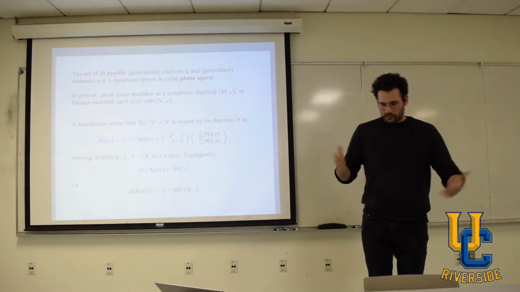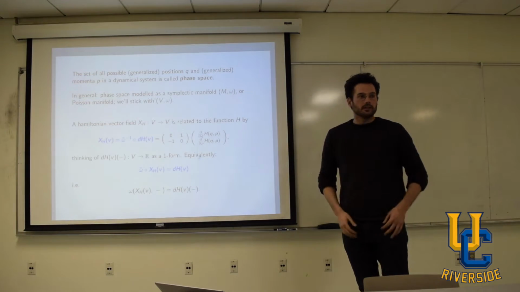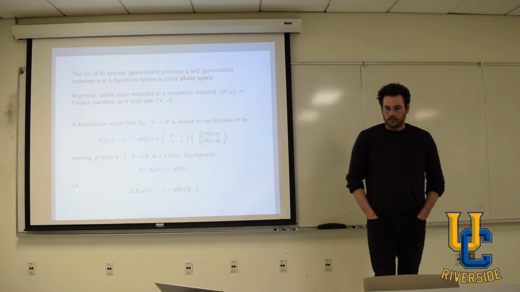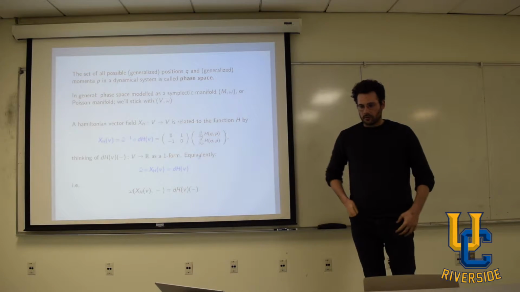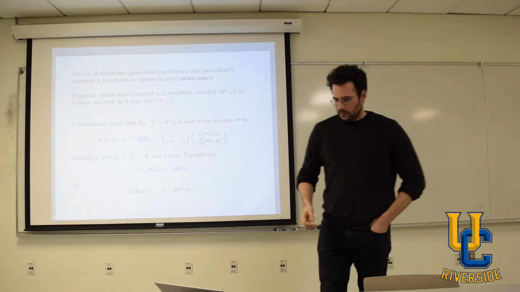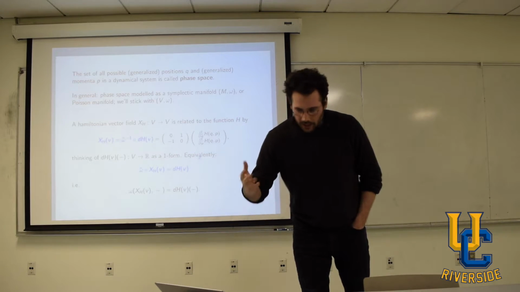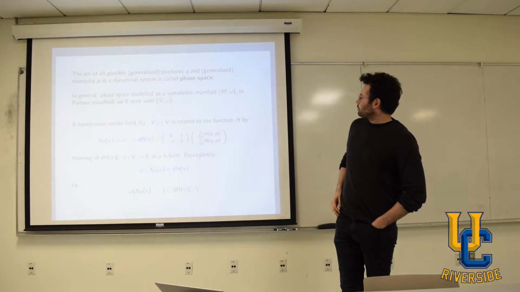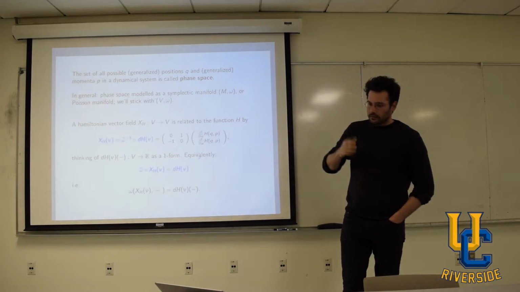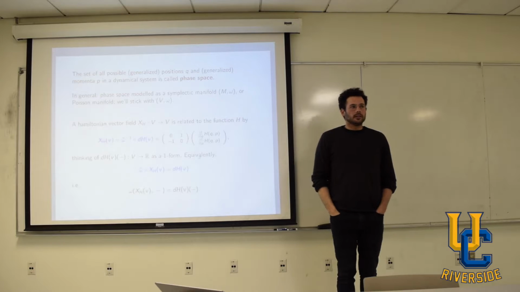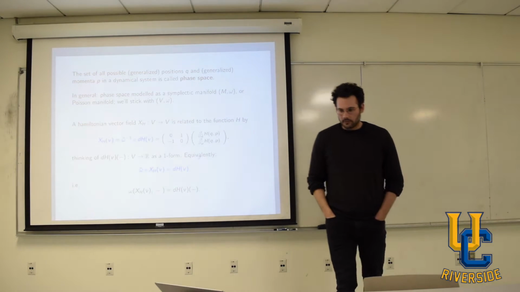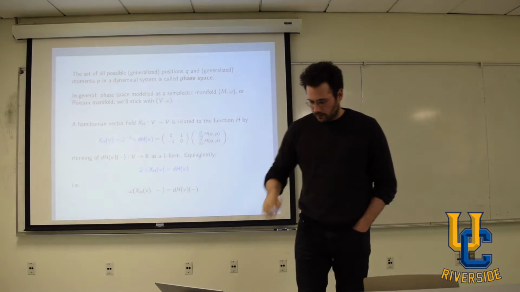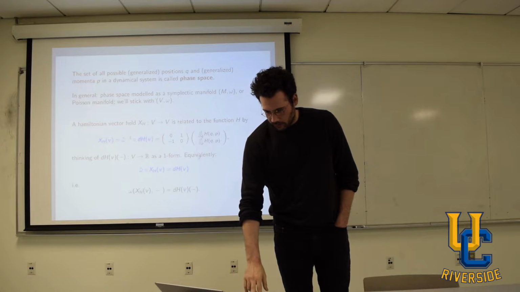So this is one of the strengths of thinking more generally and abstractly about things, that we can use one mathematical formalism to describe many ways that a mechanical or physical system can have different states. So that's phase space, and in the general picture, that's modeled as a symplectic manifold or, more generally, as a Poisson manifold. And we're just going to stick with the vector space picture.